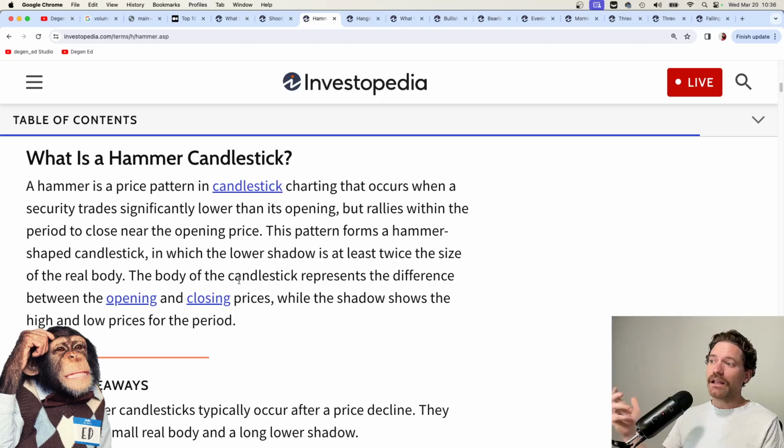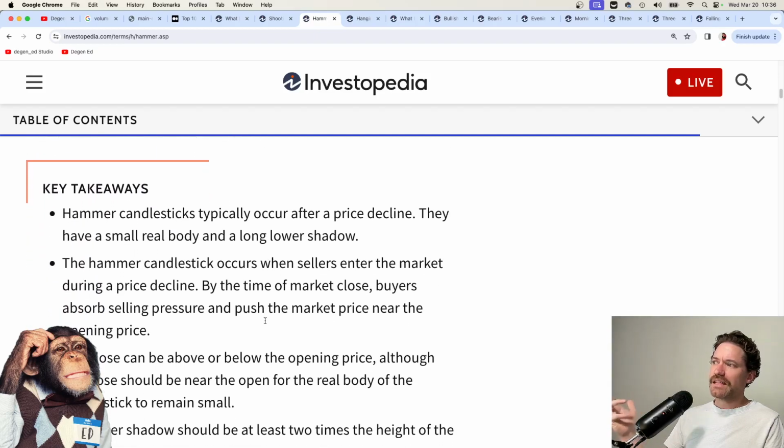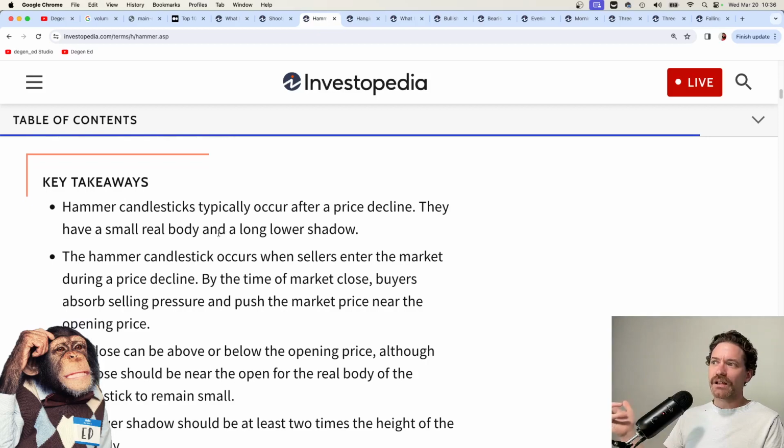And the body of the candlestick represents the difference between the opening and closing prices, while the shadow shows the high and low prices for the period. And so looking at this, key takeaways from it, the hammer candlestick typically occurs after a price decline.